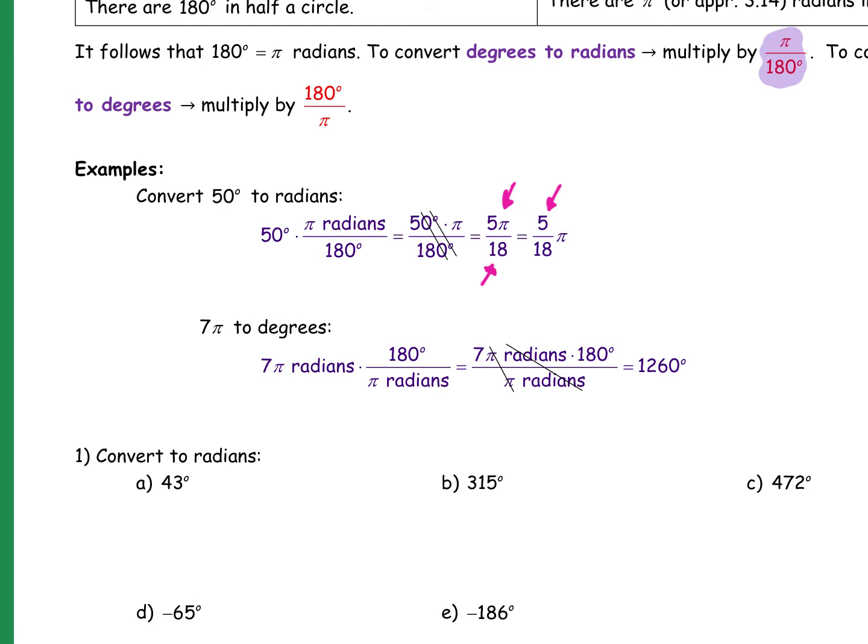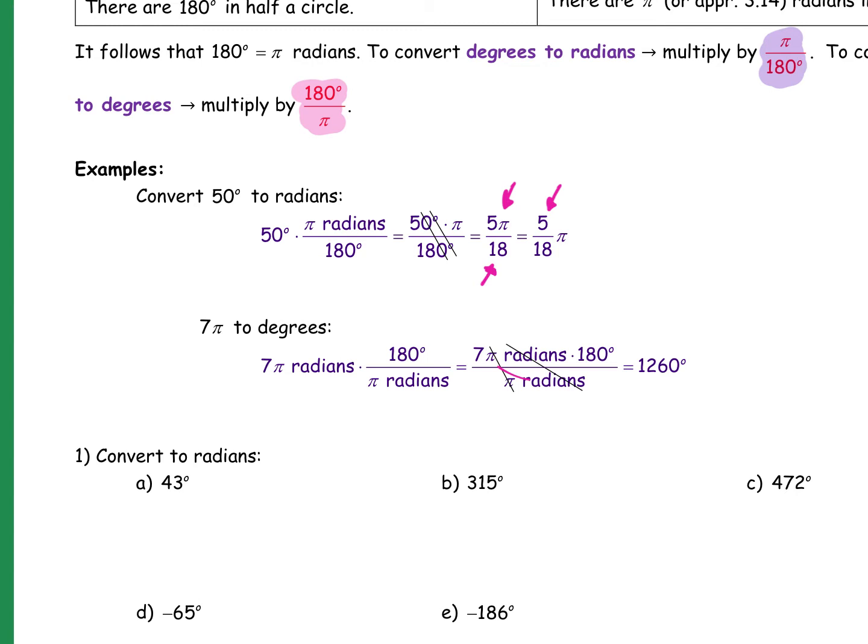I'm going to take 7 pi radians and multiply by the opposite, 180 over pi. I do that because then my pi and my radians cancel out. Pi goes away, radians go away, and I just take 7 times 180, and I get 1,260 degrees.